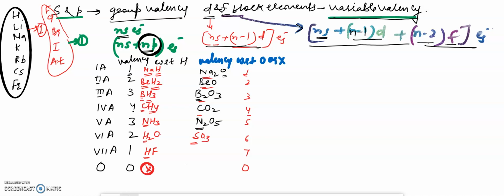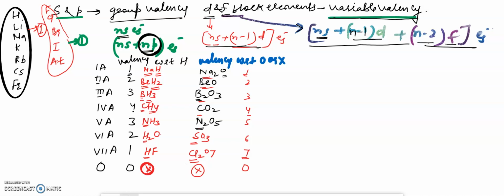Valency of oxygen is 2 and 3 oxygen atoms are there, so the valency of sulfur will be 6. Then Cl2O7. Here the valency of Cl will be 7. And what about the 0 group elements? Inert gases, valency will be 0 because they do not react with oxygen or halogen generally. Some exceptions are there that we will talk about later.